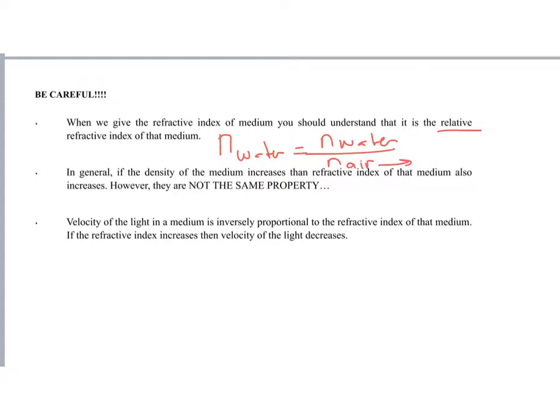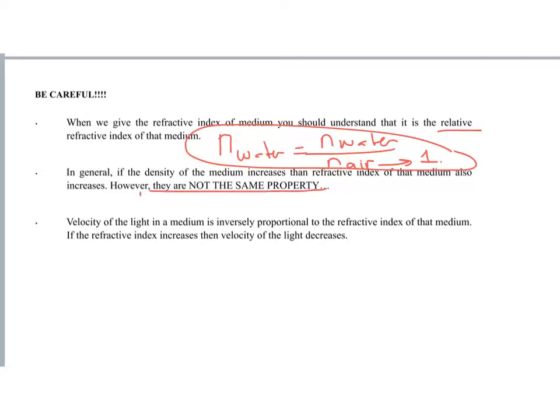As this is equal to 1, the refractive index will be calculated like this. In general, if the density of the medium increases, then the refractive index of that medium also increases, but they are not the same property.